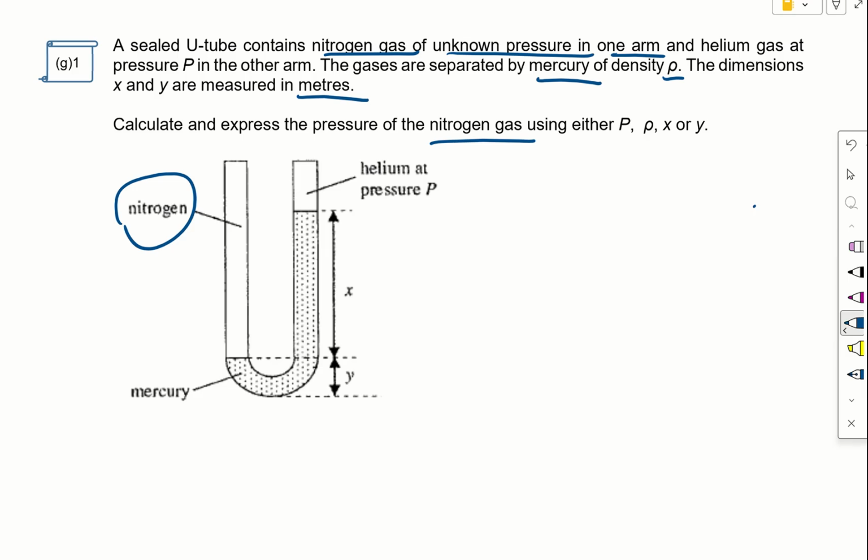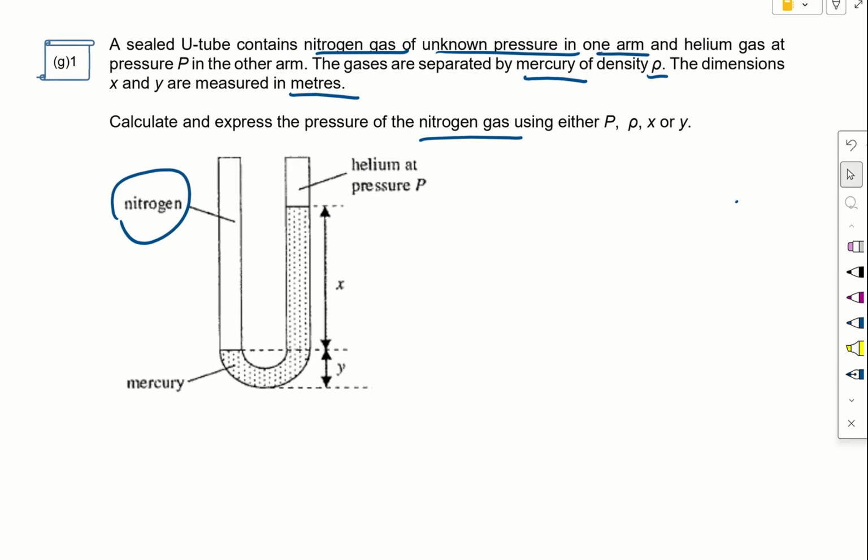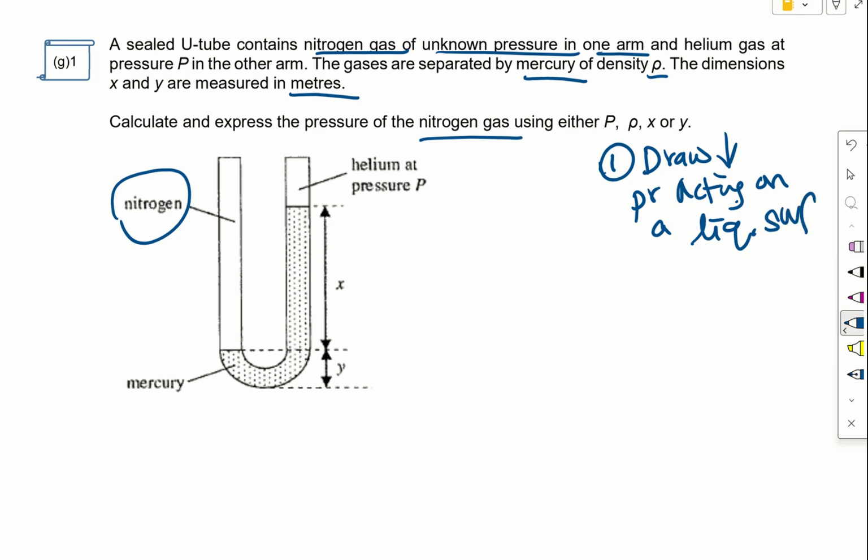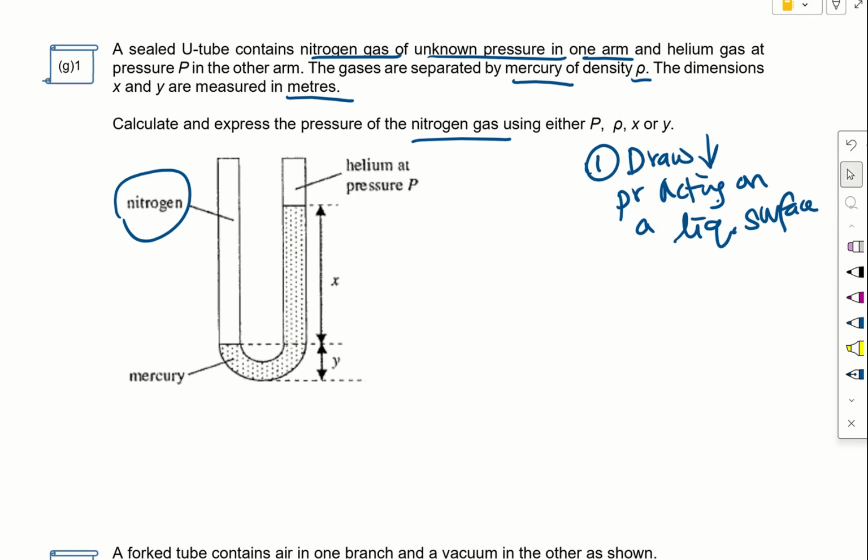The way of solving is the same as when we do liquid pressure, applying the concepts to the barometer. The first step is always to draw a downward arrow whenever there's a pressure acting on a liquid surface. Where do we have to draw the arrows?